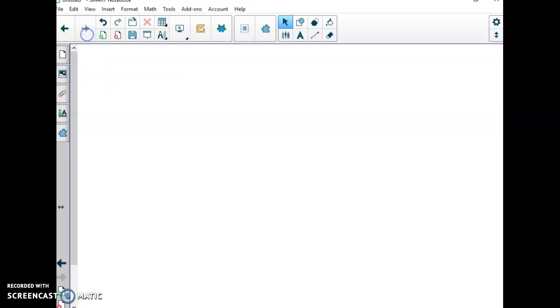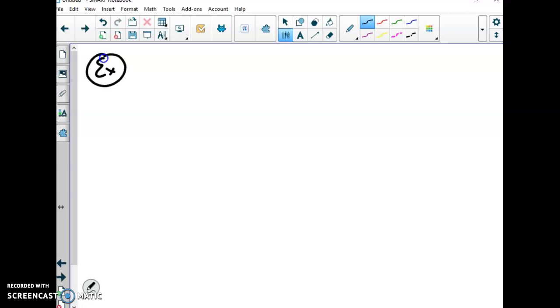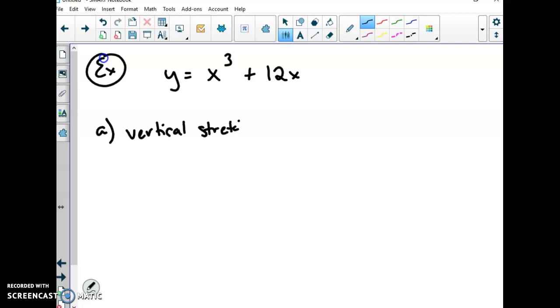So an example here, let's say that I have the function y equals x cubed plus 12x. For part A, I want a vertical stretch of factor 3.